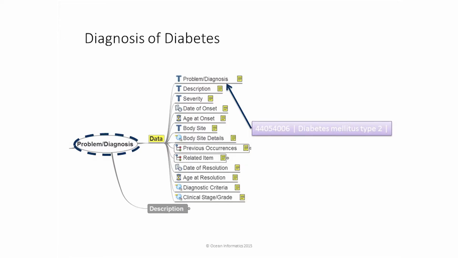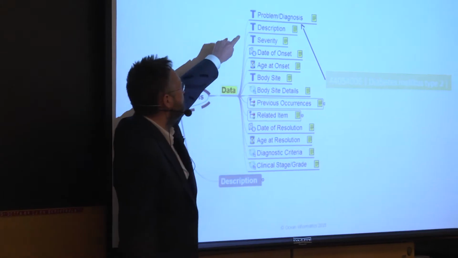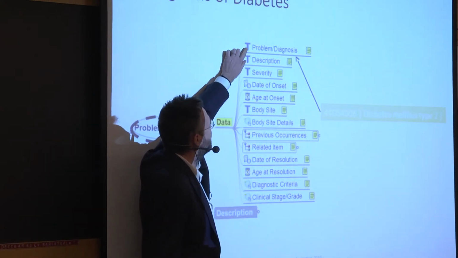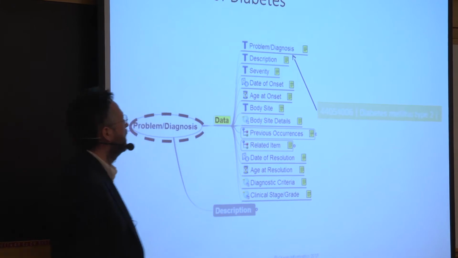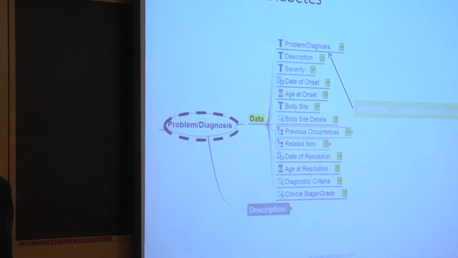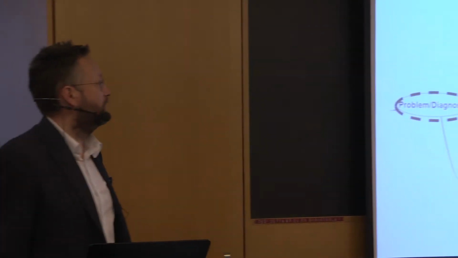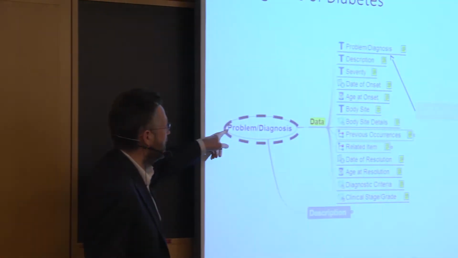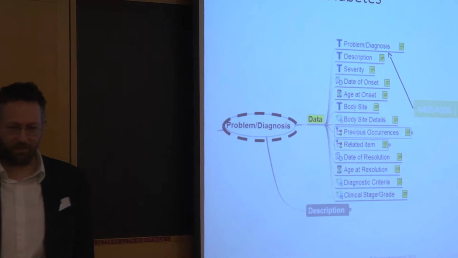So, for example, we have a problem diagnosis archetype here, and this is barely visible, but there you see this diabetes mellitus type 2 code appearing, and there is a slot for that code up in the thing called problem diagnosis inside the problem diagnosis archetype. So this is the archetype.